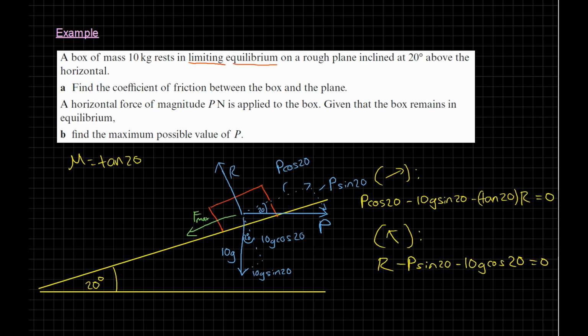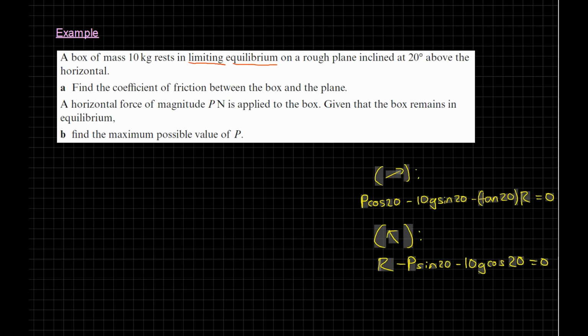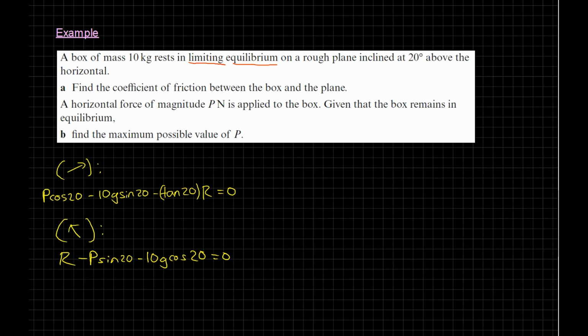Let's give ourselves some space and see if we can do it. You can also give it a go yourself. Let's see how we get on. So let's see if we can fire through this. R must be equal to P sine 20 plus 10G cos 20. Let's then do a bit of copy paste.